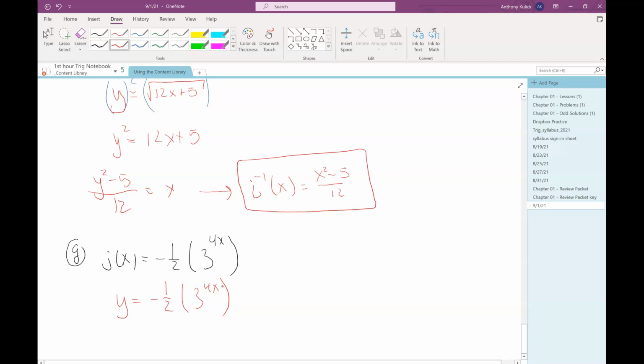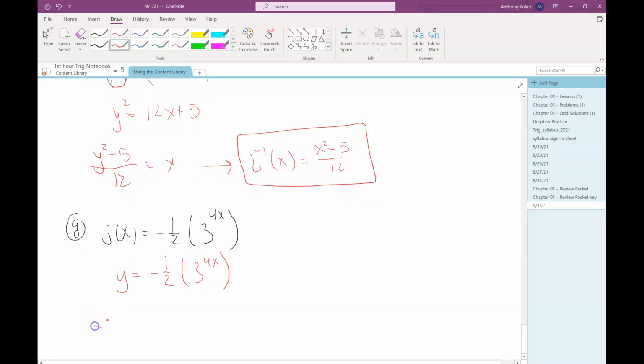Okay. Again, we want to get the x by itself. The first step I do is divide by -1/2, which is the same thing as multiplying by its reciprocal, which is the way I would think about it, since it's involving a fraction. So I'll multiply both sides by -2.